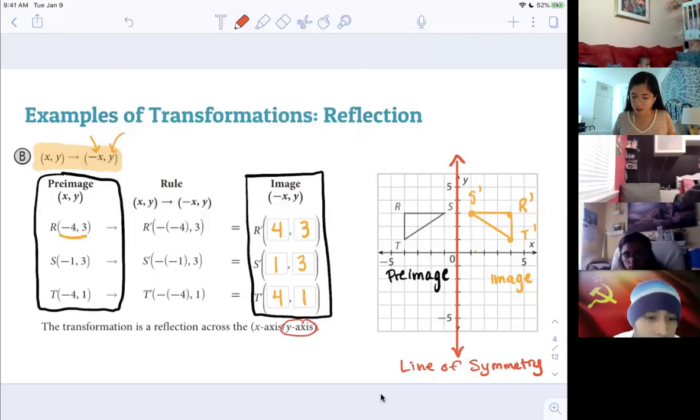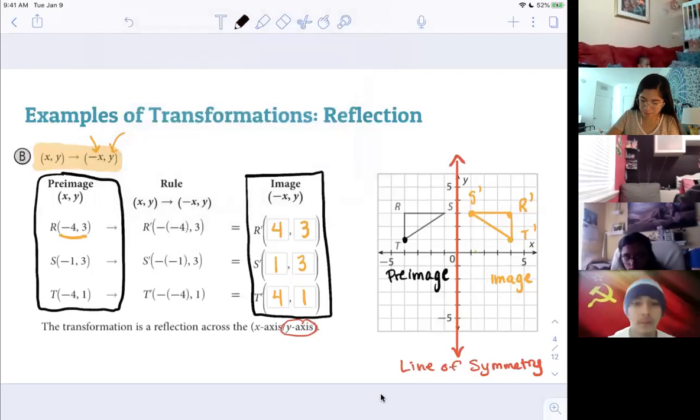Now, notice how, if I want to see what happened to go from my pre-image to my image, I started out where, let's look at point T. How far away from the y-axis, from the line of symmetry, is point T?